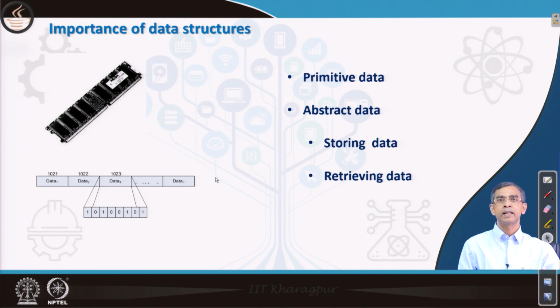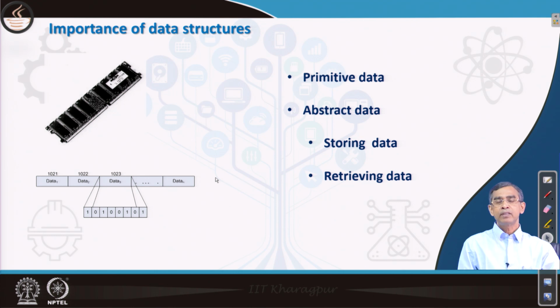This is obviously an advantage, but there is a problem. Unlike in the case of primitive data, the different operations, rather different processing that you want to do, for example, how to store such data, how to retrieve the data from memory, how to do certain operations on the data, for example, in case of an image, how you can revert or zoom or remove the noise and so many things, it is the user's responsibility.